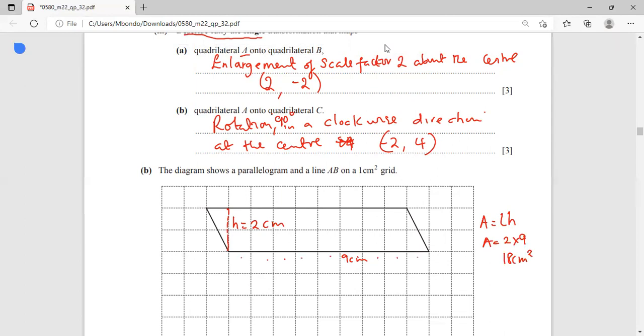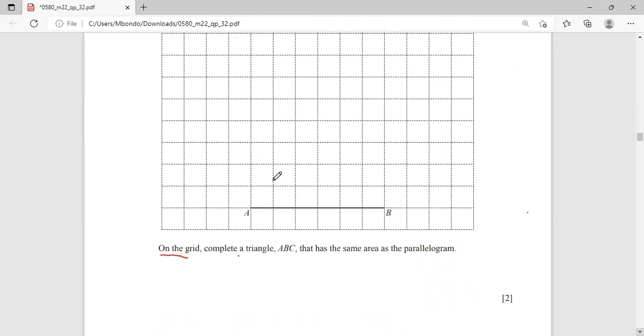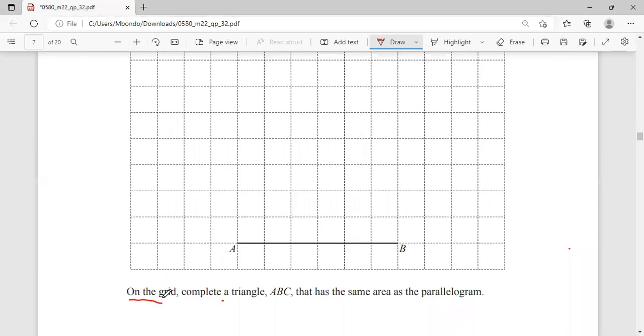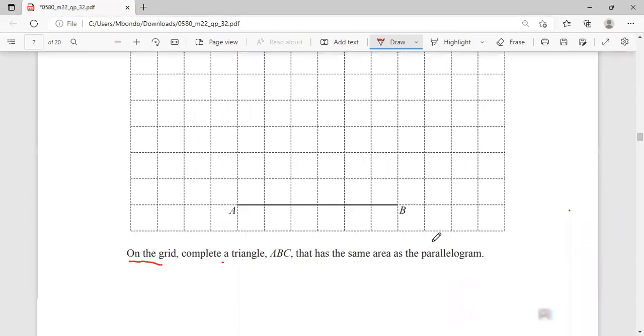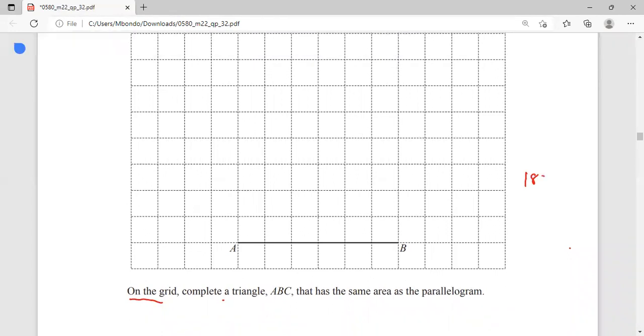Okay. Now, remember the question that we have been asked down here. The question that we're answering is on the grid, complete a triangle ABC that has the same area as the parallelogram. Now, you know that on the parallelogram, the area that we found is 18.